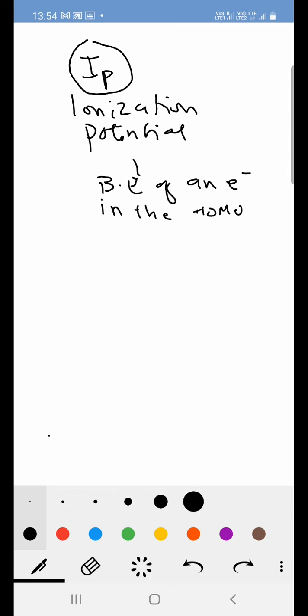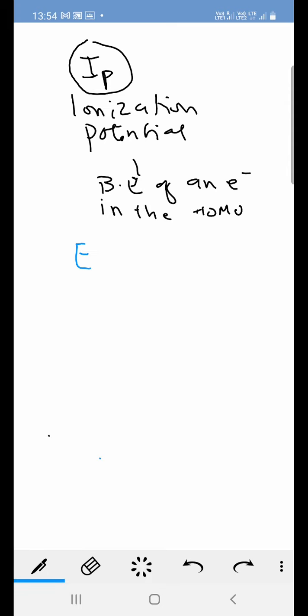On the other hand, electron affinity is the binding energy of electrons in the LUMO.